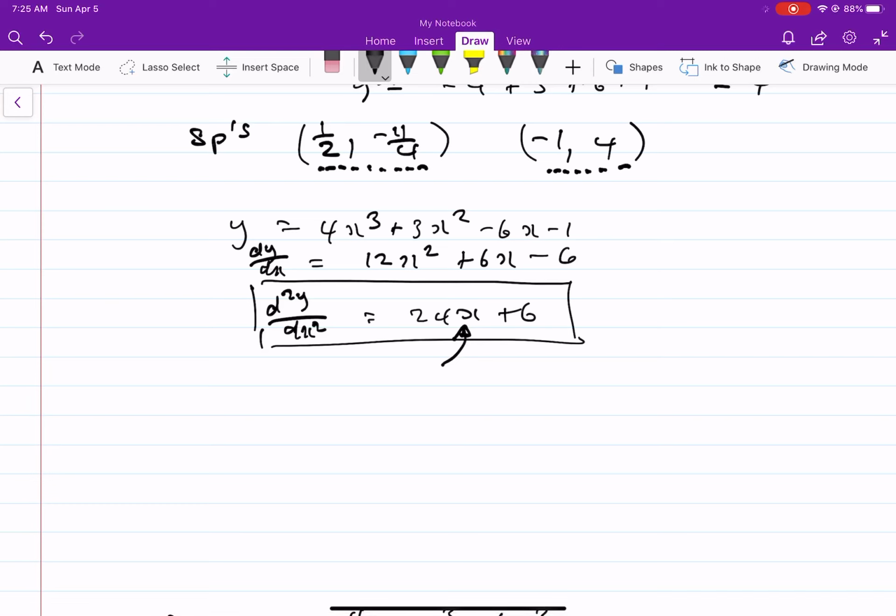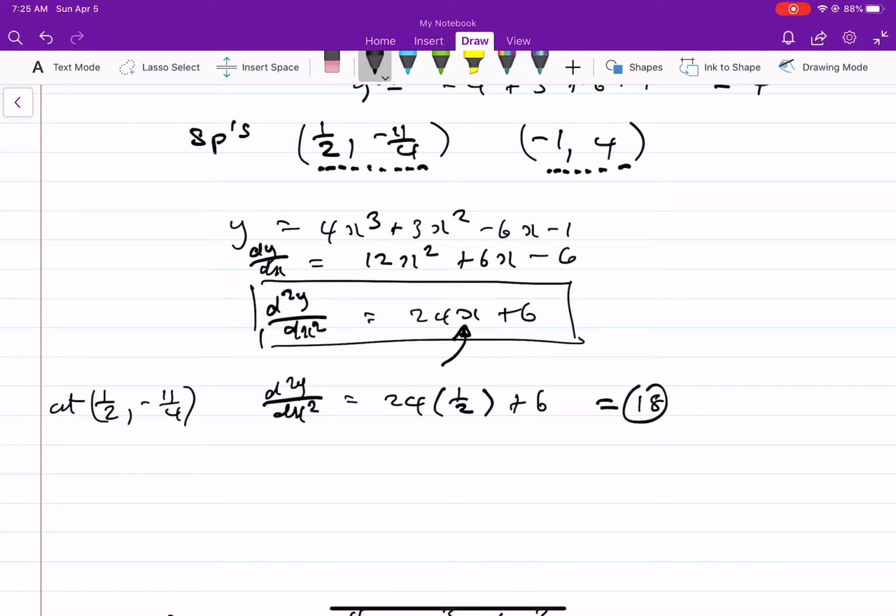So let's look at the first stationary point, where the coordinates are 1/2 and minus 11/4. At this point, d squared y upon dx squared is equal to 24 times the x coordinate of the stationary point, which is 1/2, plus 6. That's 12 and 6, that's 18. That's a positive number. That number is greater than 0. So guess what?